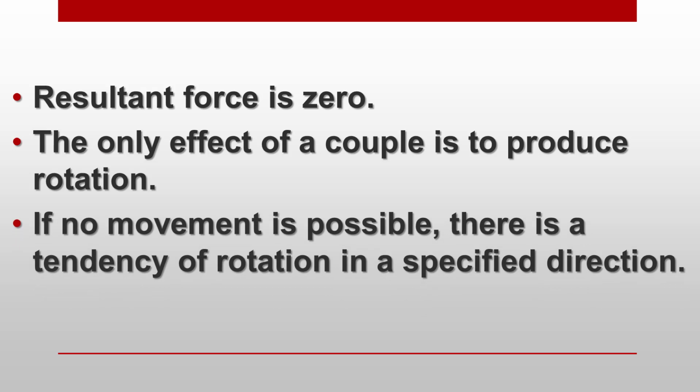If no movement is possible, there is a tendency of rotation in a specified direction. Tendency means it will tend to rotate the body, but there is no linear motion because the magnitudes of the two forces are equal and opposite.